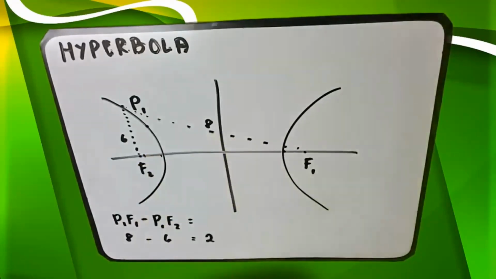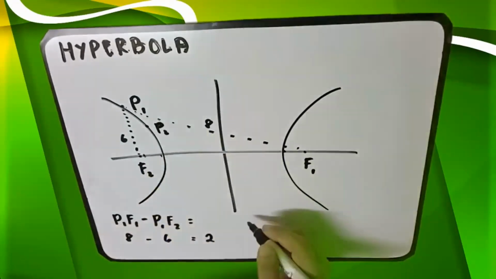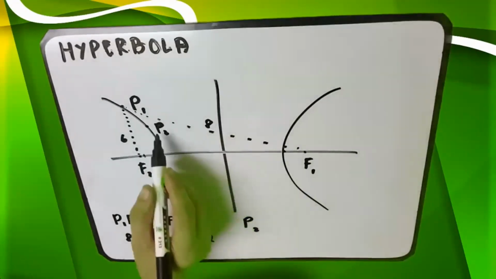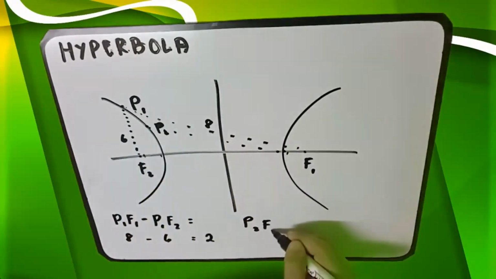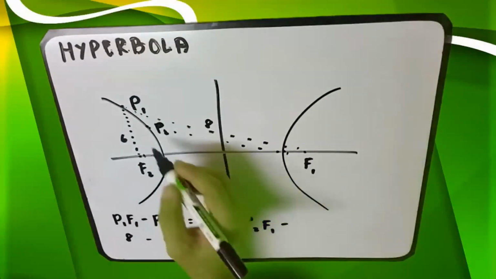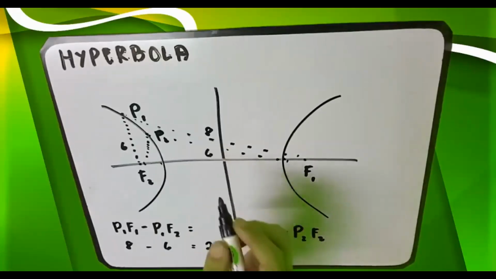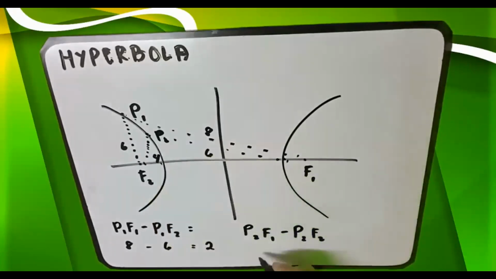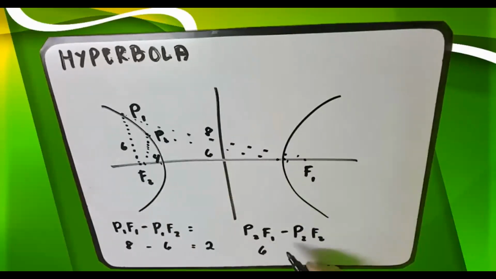Halimbawa, this is point 2 or P sub 2, yung distance from P sub 2 hanggang F sub 1 at yung bawasan natin ng distance from point 2 hanggang F2, halimbawa ito ay 6 at ito naman ay 4. So pag binawasan natin, that is 2.